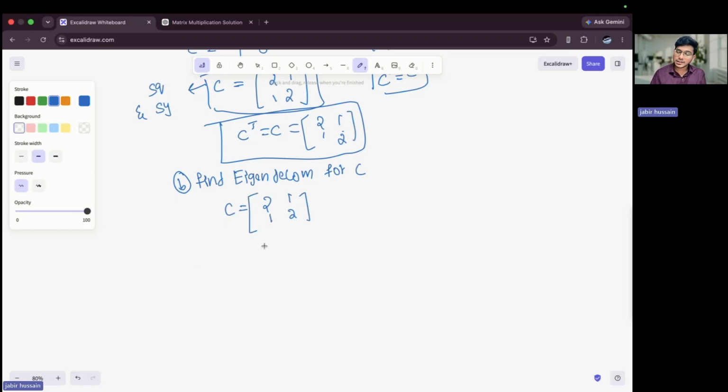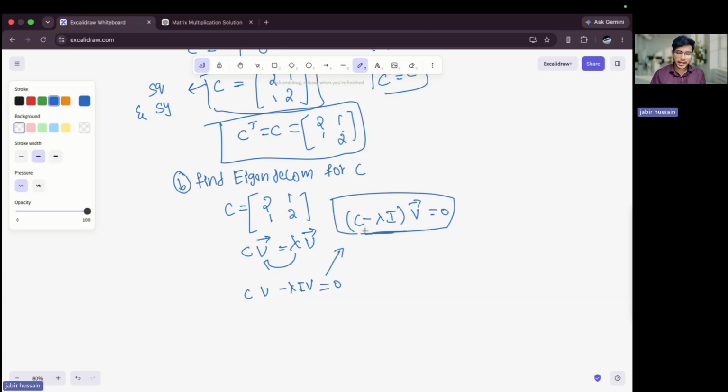Now here we have C, the value of C is equal to 2 1 1 2. Okay, now what does the equation tell us? C multiplied by V is equal to lambda V, right? If you take this here, then CV minus lambda IV is equal to 0. And from this you can write (C minus lambda I) multiplied by V is equal to 0, and we know the value of C. And from the definition of eigendecomposition, we can tell that the determinant of C minus lambda I will be 0.